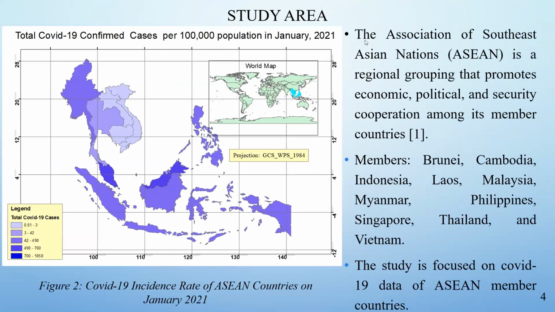ASEAN is the Association of Southeast Asian Nations, a regional grouping that allows travel among member countries without a visa for two weeks, I guess, but that was broken by the COVID situation. Its purpose is to promote economic, political, and security cooperation. Members are Brunei, Cambodia, Indonesia, Laos, Malaysia, Myanmar, Philippines, Singapore, Thailand, and Vietnam.